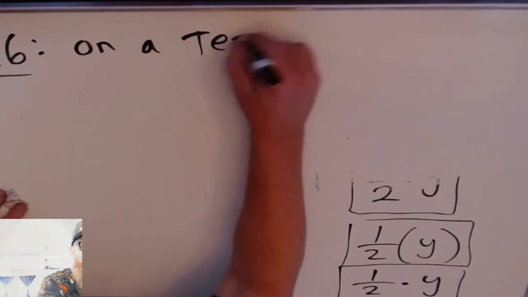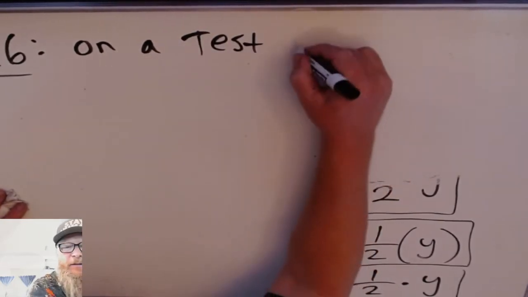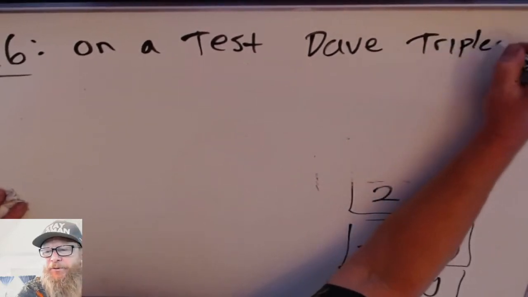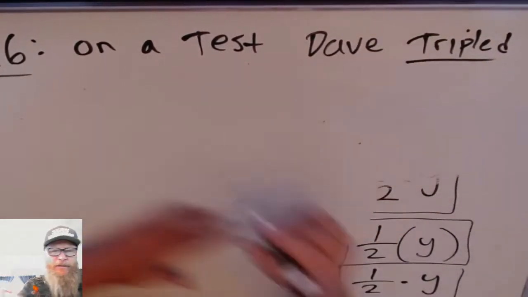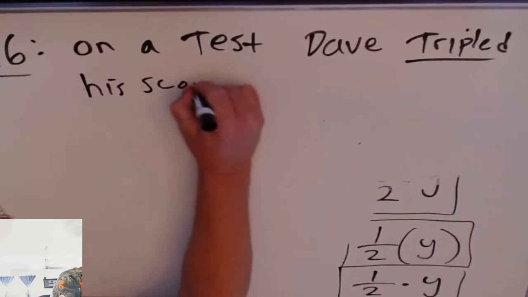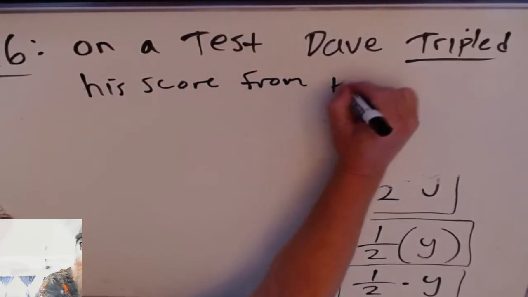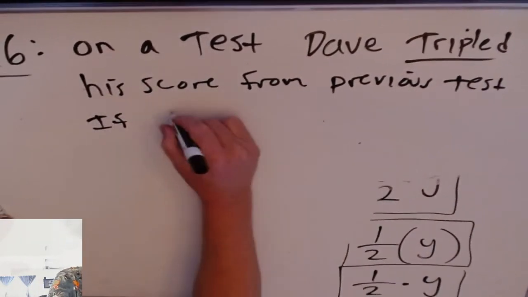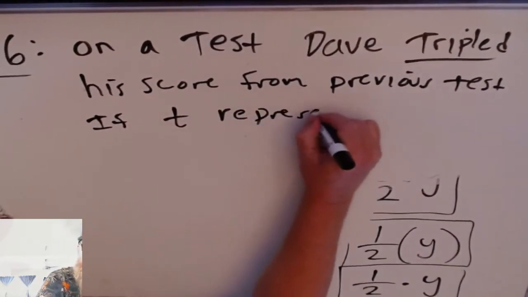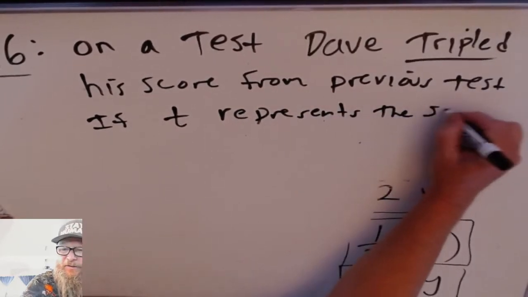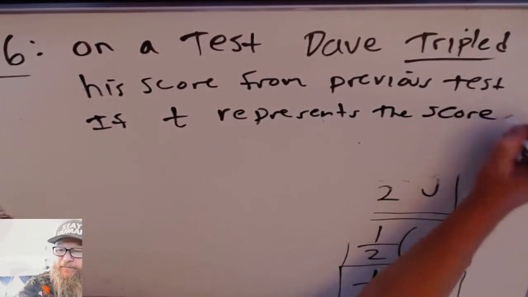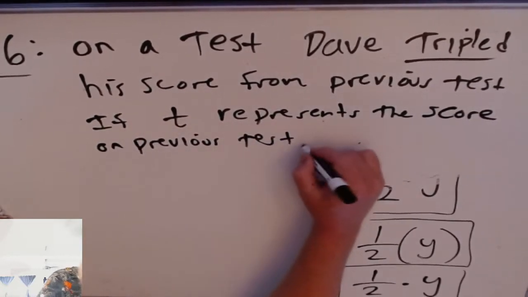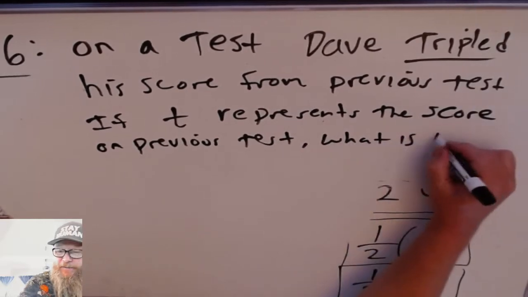On a test, Dave tripled his score from the previous test. If T represents the score on the previous test, what is Dave's new score?